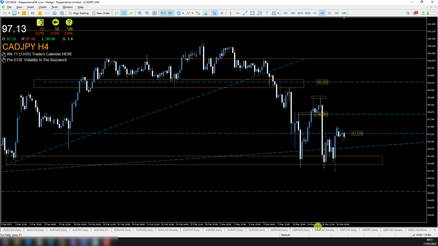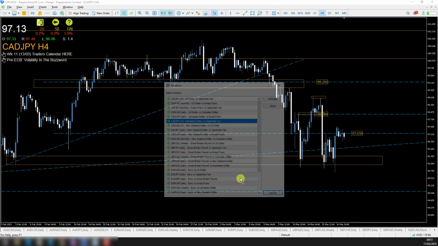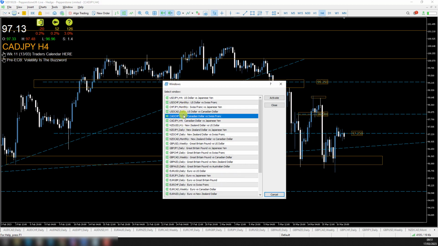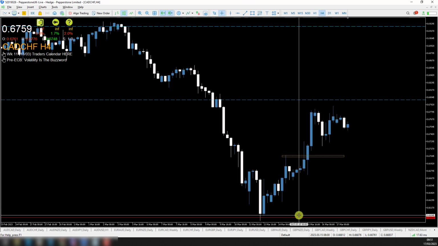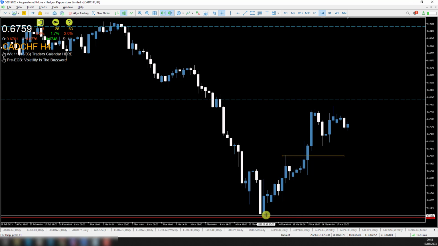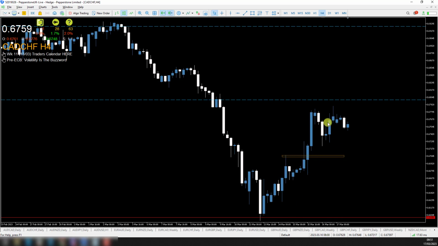The only other chart that I'm really interested in at the moment was CAD Swiss. We talked about CAD Swiss in the videos coming into that major low at the 0.66 handle, and I did have a resting order here to see if price would come back, but I've cancelled that order now because price has just rallied up to the upside, so it's gone from our area of interest.